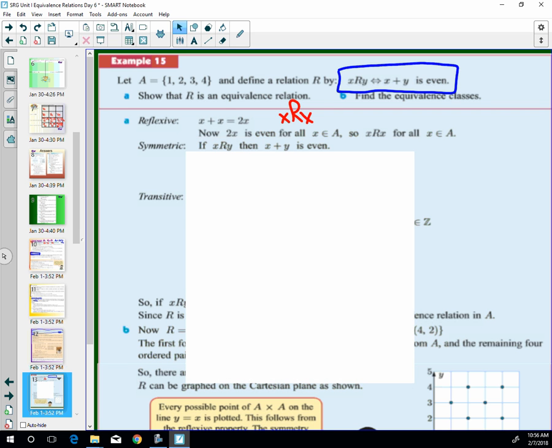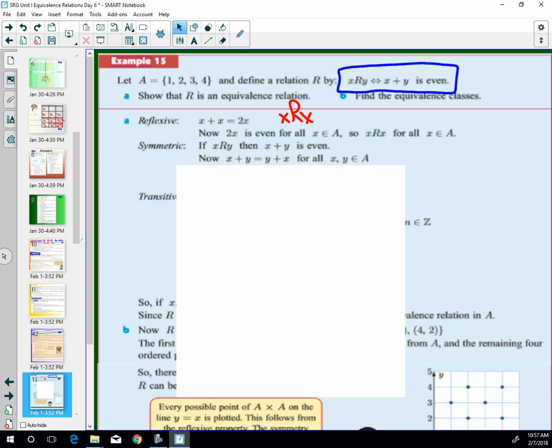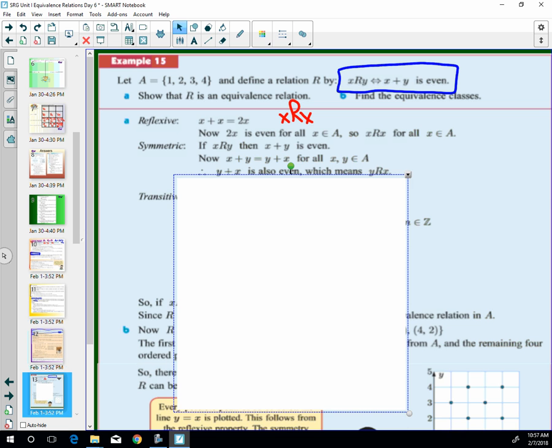Symmetric: X plus Y is even. So what they mean with that is, let's say you have X plus Y equals Y plus X. All I did is reverse the order of X and Y. If X plus Y is even, will Y plus X be even? Perfect, yeah. So then what we'll have for this is Y plus X is also even.